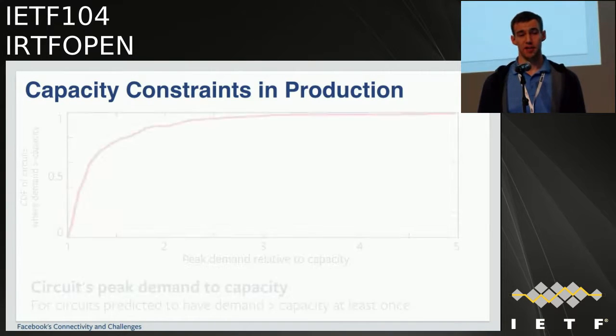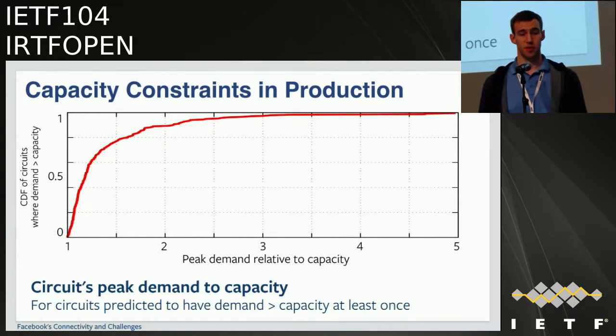Now, to further dive into how big of a problem this is, let's take a look at the circuit's peak demand relative to its capacity for circuits where we predicted that the demand was going to be greater than its capacity at least once. What I have here on the y-axis is a CDF of circuits where the demand exceeded the capacity. And on the x-axis is their peak demand relative to their capacity.